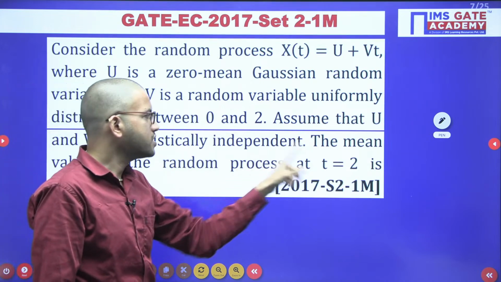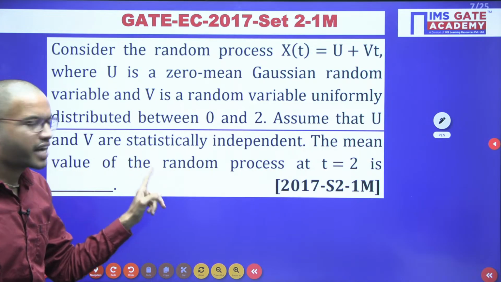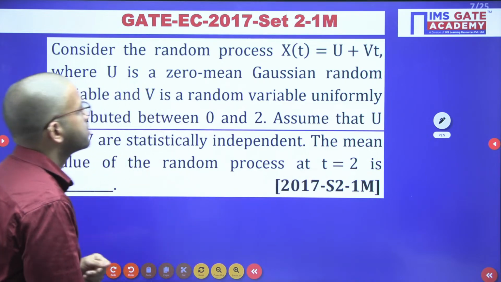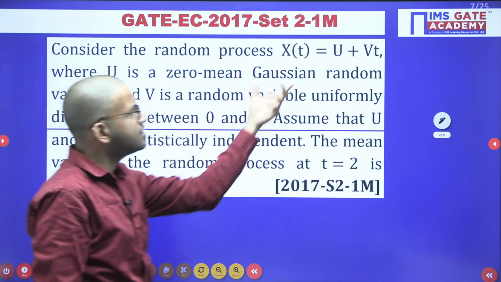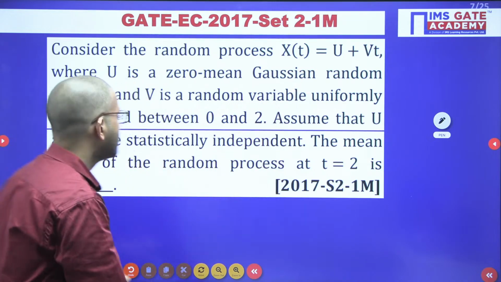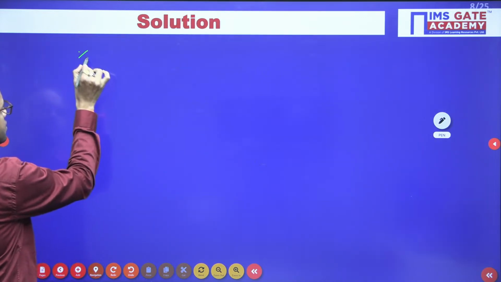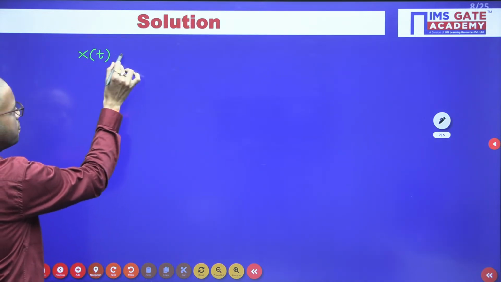Now the question is, the mean value of the random process at t equal to 2 is dash. So first of all, let us consider the given random process, X of t equal to U plus Vt.